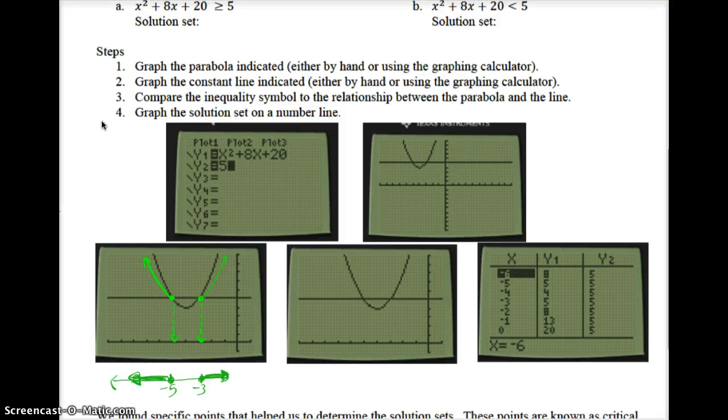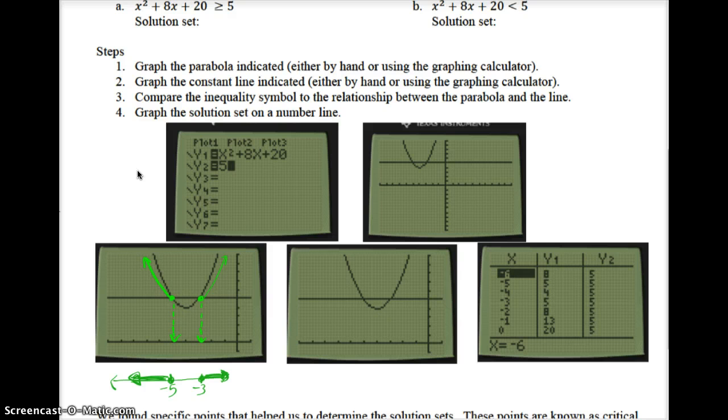What we did is we went in our graphing calculator, and we graphed as two separate functions the left-hand side of the inequality and the right-hand side of the inequality. That gave us a parabola for the x squared plus 8x plus 20 part, and it gave us a horizontal line where y is equal to 5 for the second part.